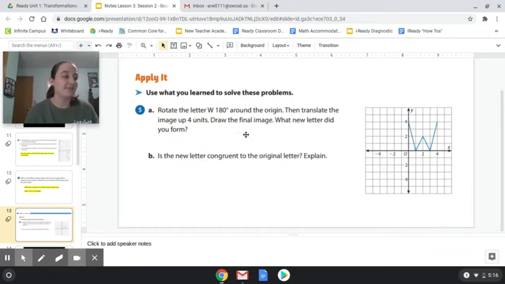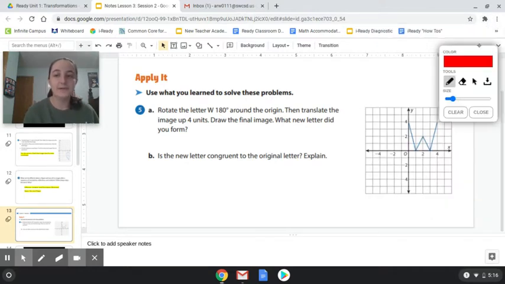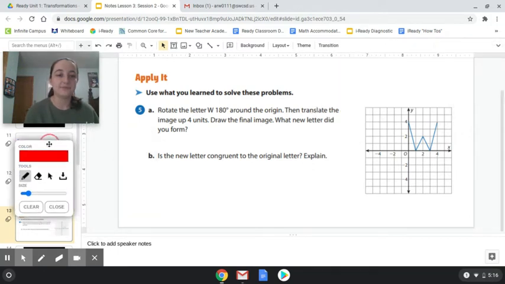Next, we have number 5. So this is page 52 now. And we are going to use what we've learned so far to solve these problems. So we're going to rotate this figure W 180 degrees around the origin. So again, we're rotating it around our center right here, the origin, and we're doing 180 degrees.